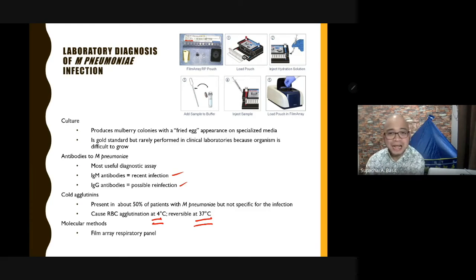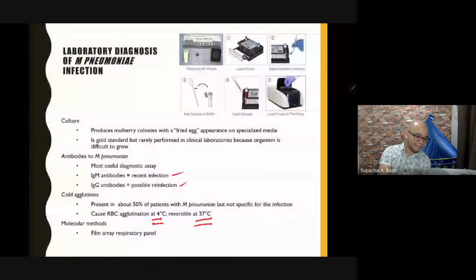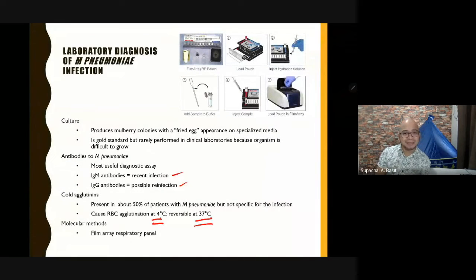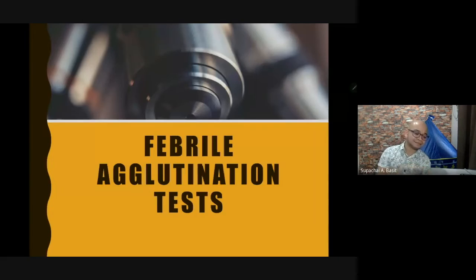Meaning to say, 4 degrees centigrade is the optimum temperature for the agglutination of the RBC. But of course, the most specific method for the detection of Mycoplasma pneumoniae is through the FilmArray respiratory panel. The FilmArray respiratory panel will not only detect Mycoplasma pneumoniae, but other possible etiologic agents that can cause respiratory infection.